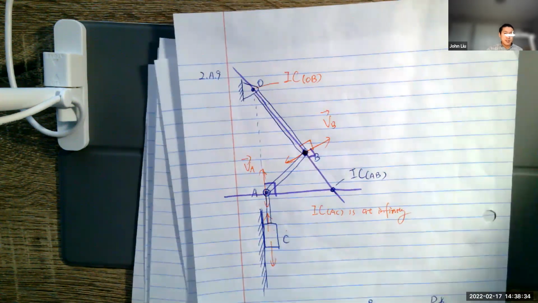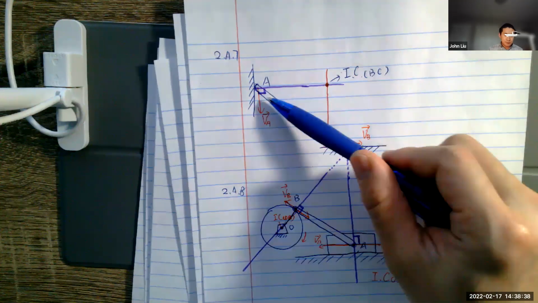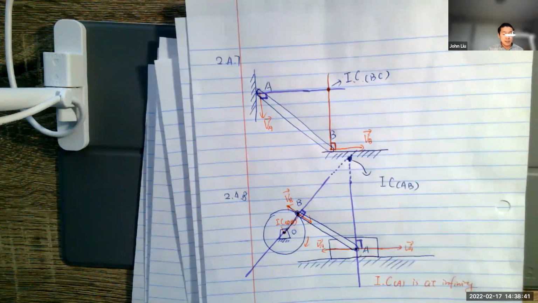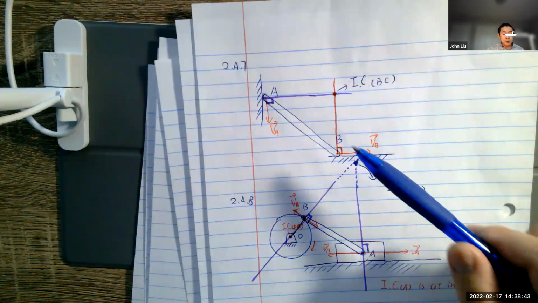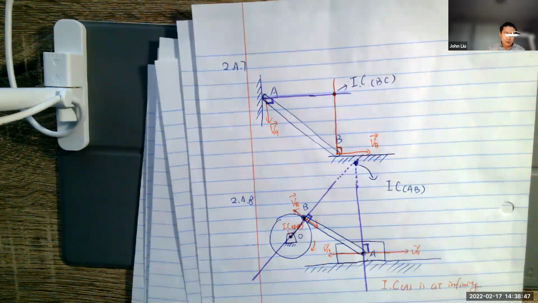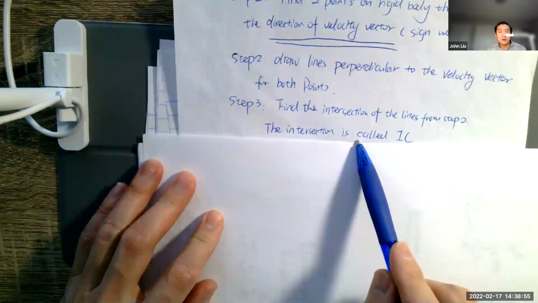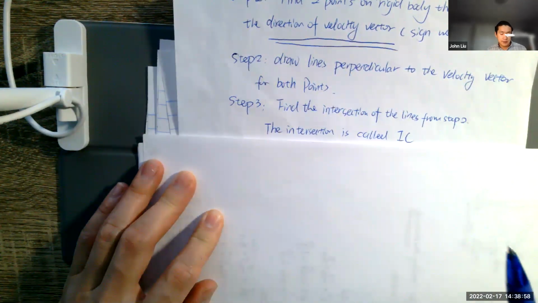We find intersections between those lines, but not any lines. It's the lines that are perpendicular to the velocity vector. Then that intersection is your instant center for that rigid body.